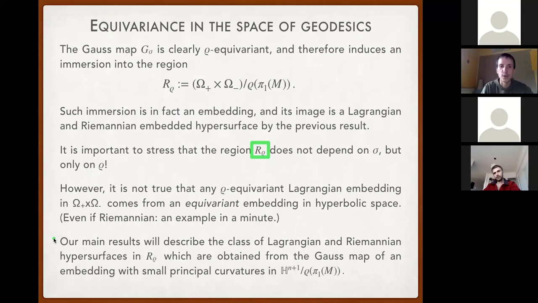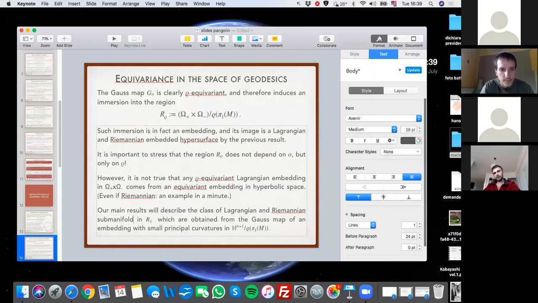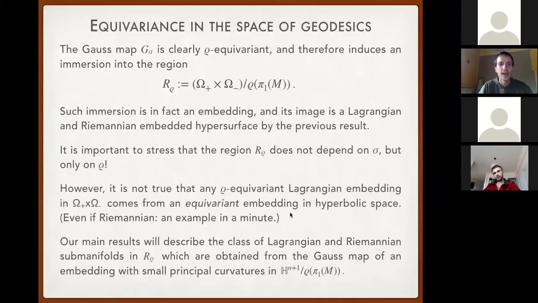Our results will give a characterization, in the rho equivariant case, of those Lagrangian and Riemannian submanifolds in this space which are induced by the Gauss map of an embedding with principal curvatures in -1, 1.